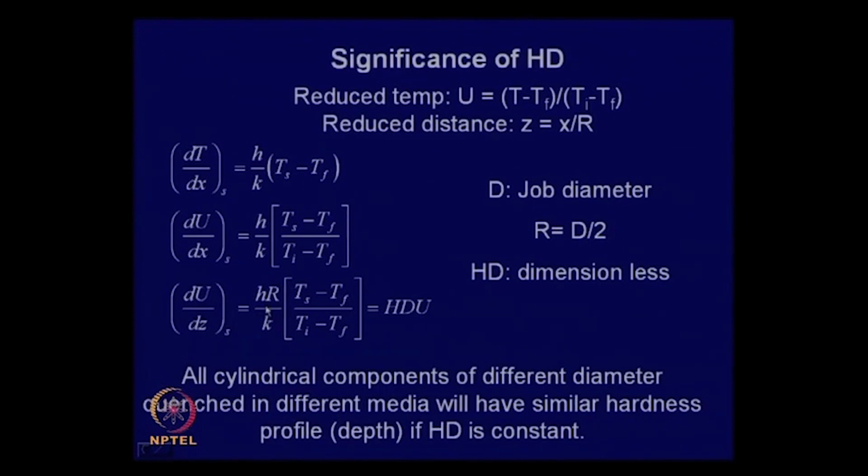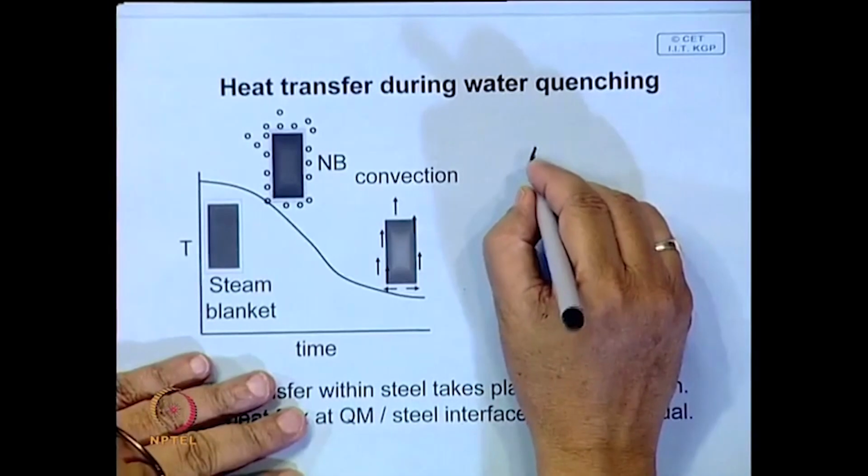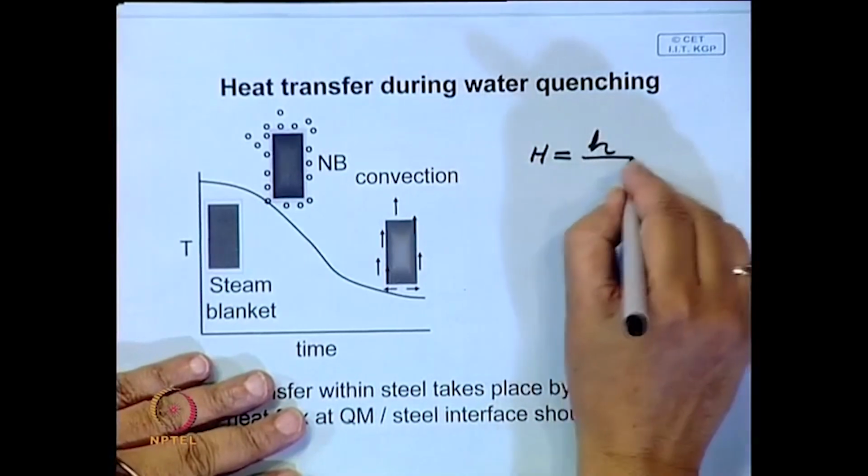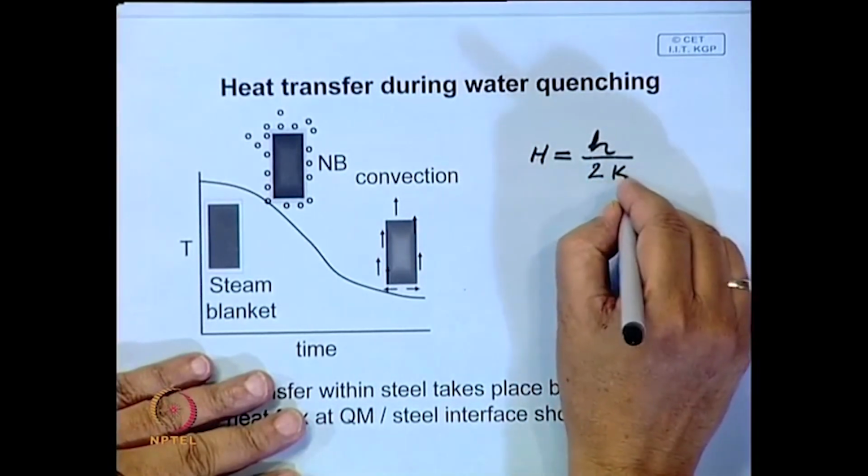We have assumed that the severity of quench H is defined as H over twice k.